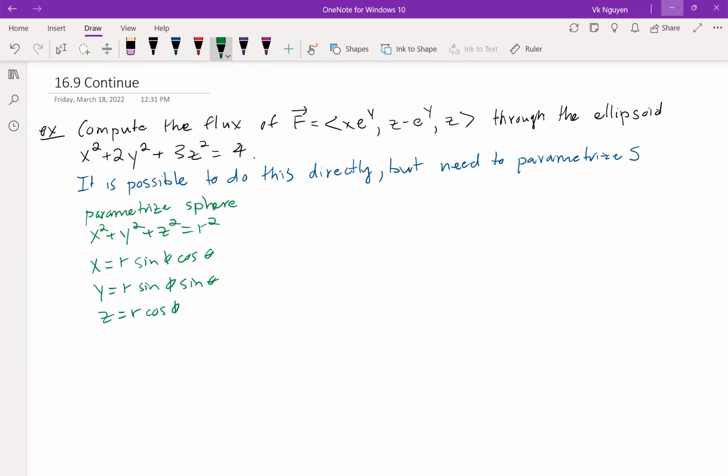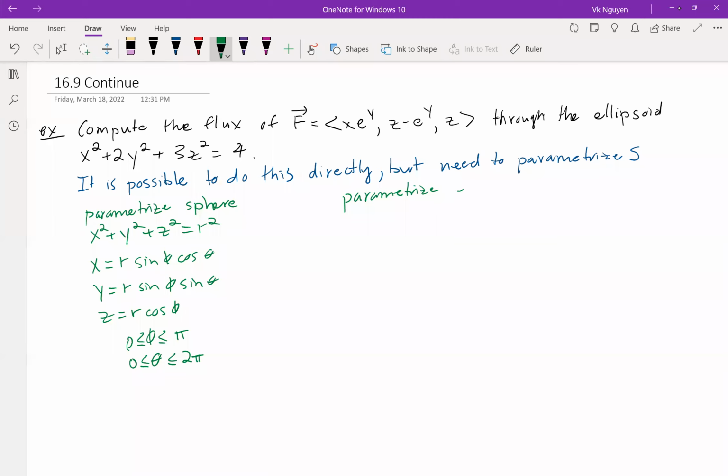So when you parameterize the sphere, you get this one. I've got to get the limits here. Phi goes from 0 to pi, theta from 0 to 2 pi.